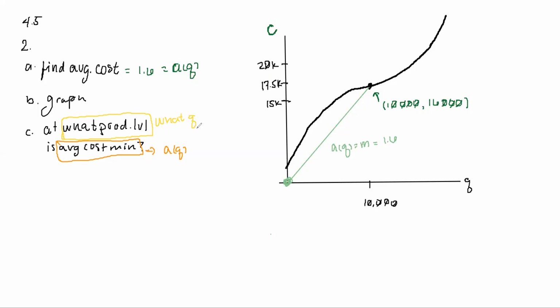A of Q is going to be at its lowest. It's going to be minimized. And that is, visually speaking, when it's kind of aligned. How are we thinking about doing that, though?